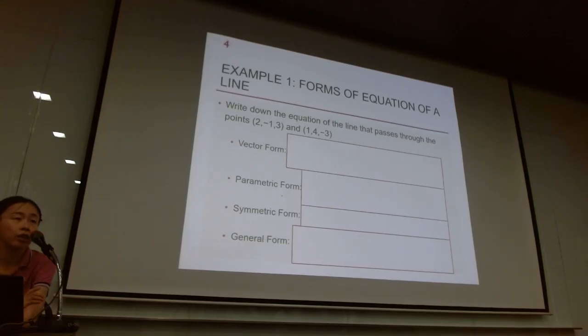So if a vector needs a location, we need to define the starting point. So a point with a vector, you can show a line. The answer I show you later may be different, because you can pick any point in the line.